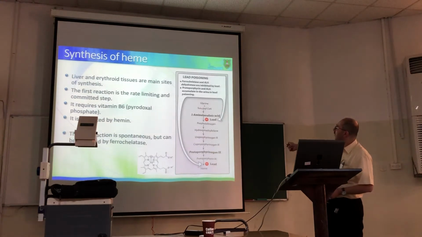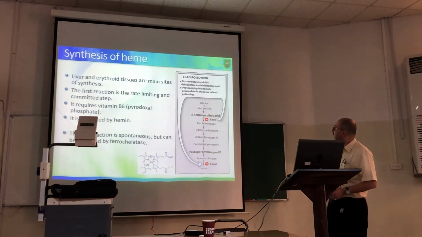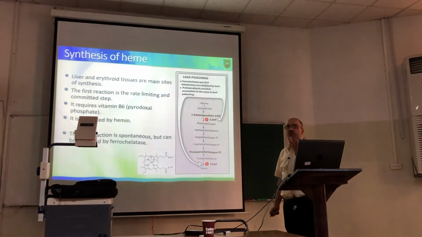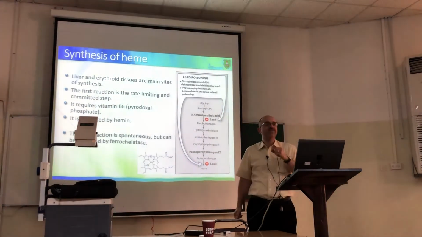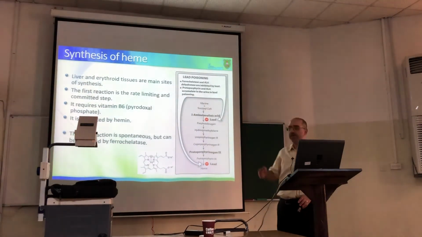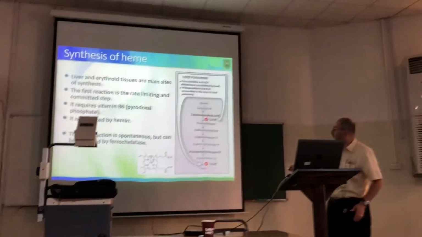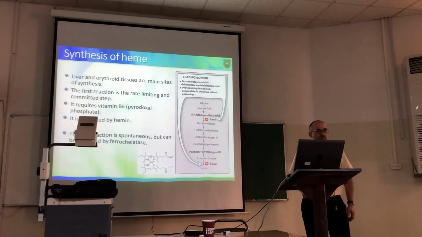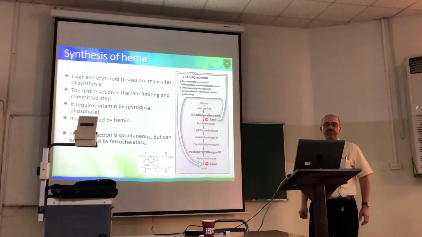The first reaction requires vitamin B6, and it is regulated by hemin. Hemin is the heme molecule that has iron in the ferric state, that is Fe plus 3. Okay, so the heme that we're talking about has a ferrous iron, or iron in the ferrous state. Okay?